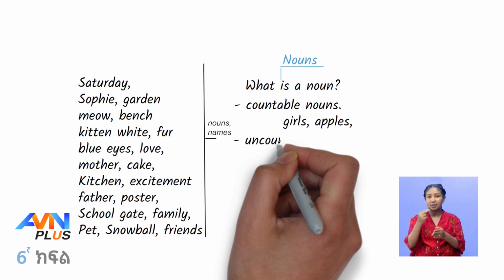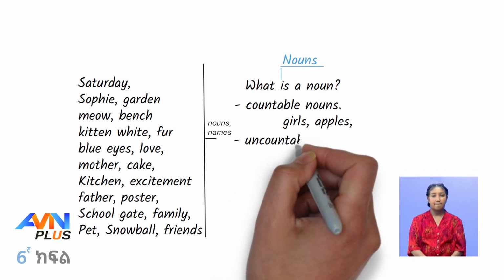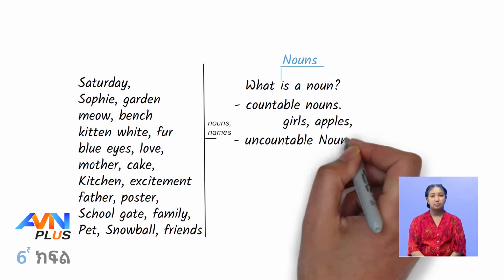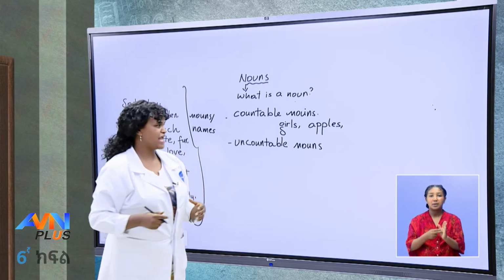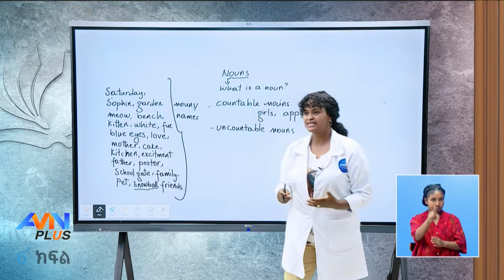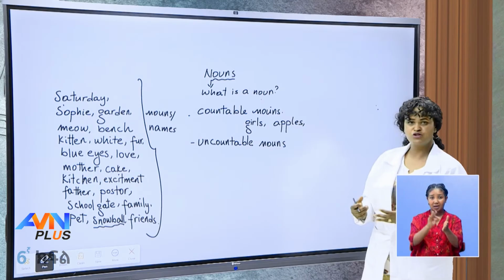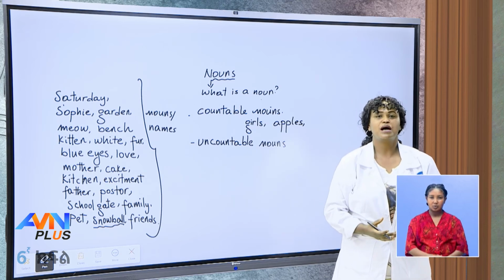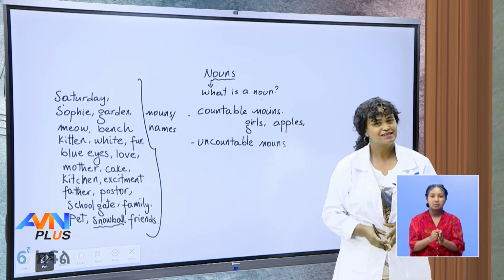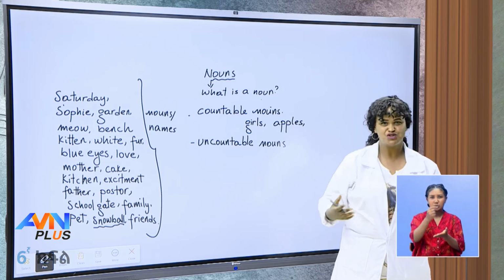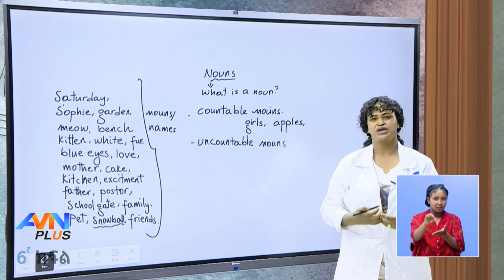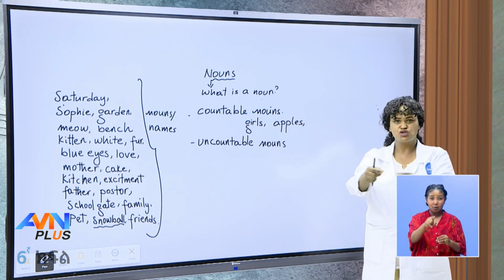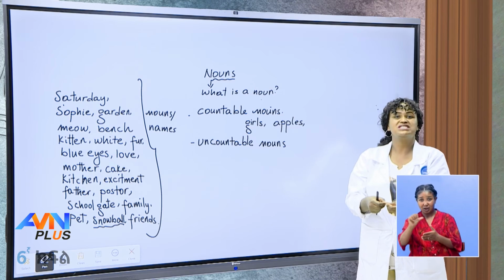Uncountable nouns. What do we mean when we say uncountable nouns? Yes? Yeah, uncountable nouns, those that cannot be plural. For example, bread. Most of you think that you can use the plural form of bread, but we don't. Even though we say 1, 2, 3 injera, we don't say injeras.